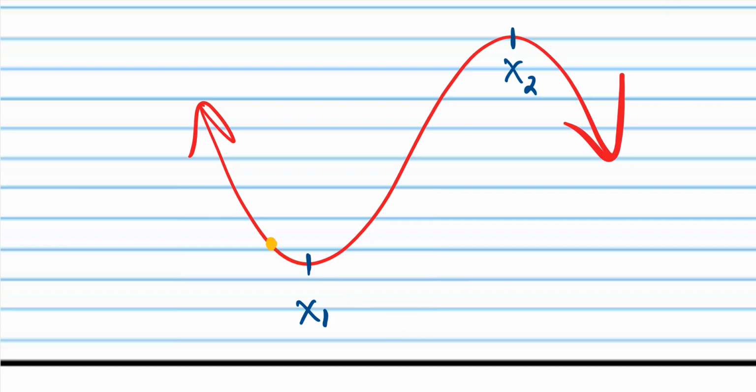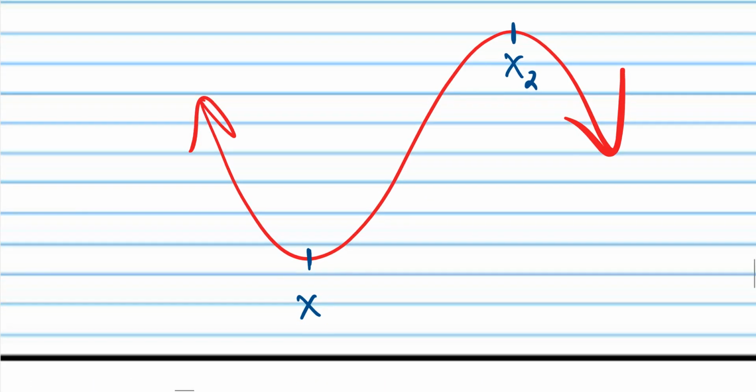It's still negative, and then the tangent line has a bigger slope, so the slopes of the tangent lines are increasing, and finally they become positive, and so on and so forth. So the second derivative is the rate of change of the slope, and if you have a minimum value, then the slope is going to be getting bigger and bigger, so the second derivative is going to be positive. So that's why if the second derivative is positive at this critical number, then this is a minimum value.